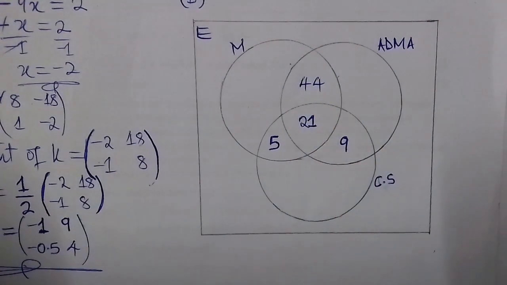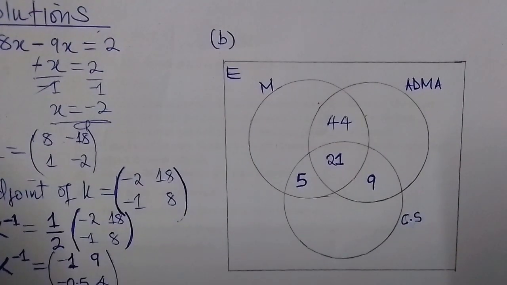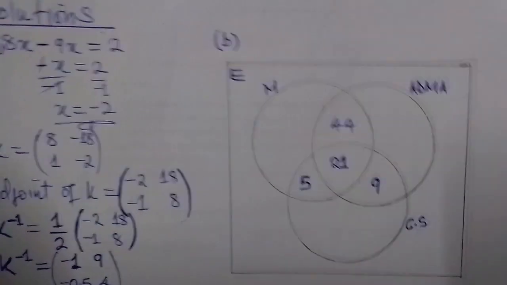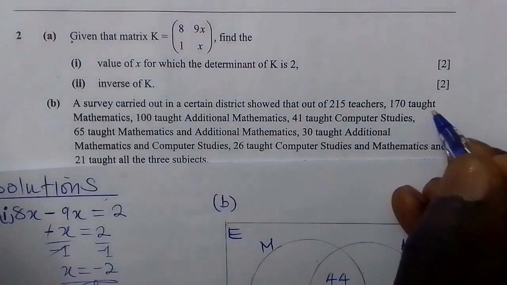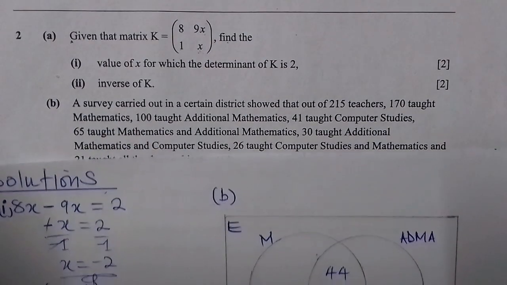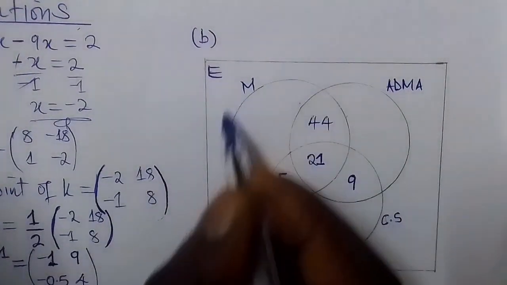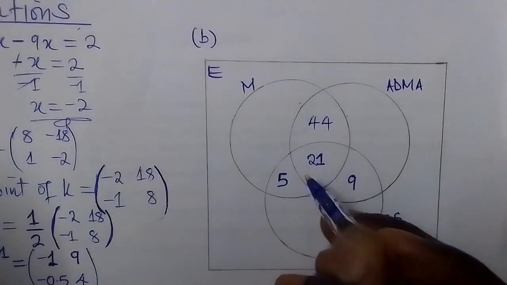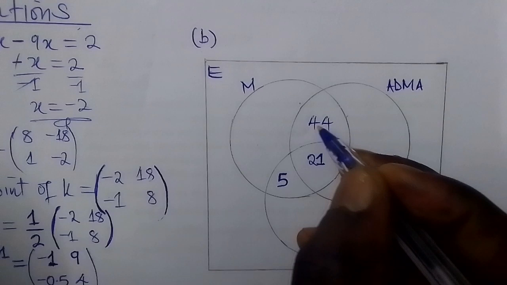Then we now get the teachers who taught one subject only. So we go to mathematics. Now for mathematics, it is given that 170 taught mathematics. So now already there are these numbers in mathematics: 5 plus 21 plus 44.